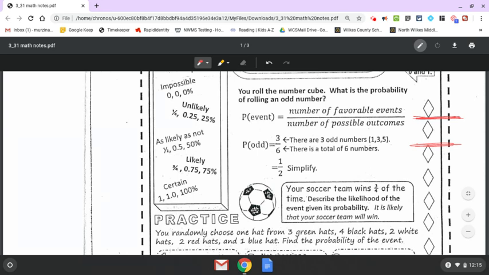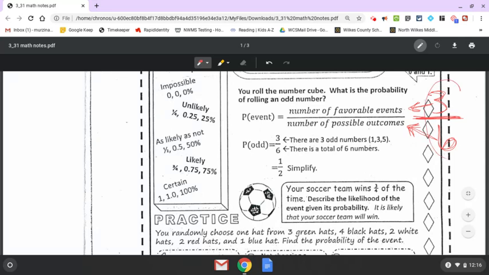There are 3 odd numbers, and there are 3 even numbers. So if I want to see what my odds are of rolling an odd number, or what is the likelihood of rolling an odd number, I know that there are 3 odd numbers on the dice, and there are 6 total sides. That's what that means. Number of favorable events is what it is that I want to look for, and the 6 is how many possible numbers there are total. Okay, so that's where those numbers come from.